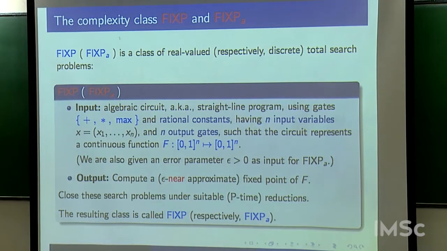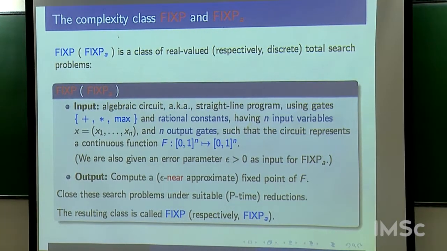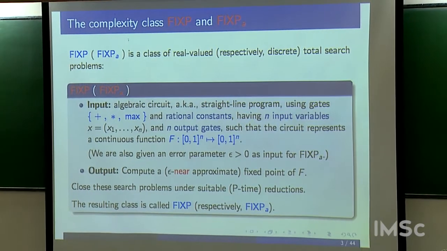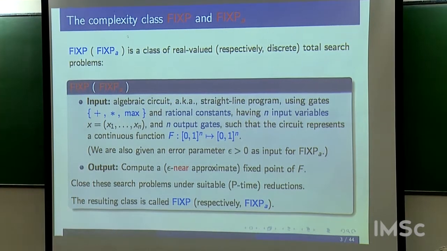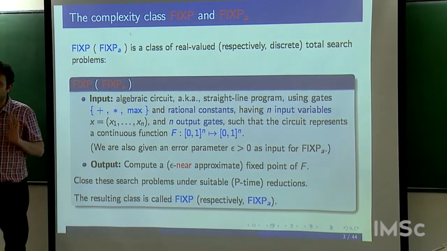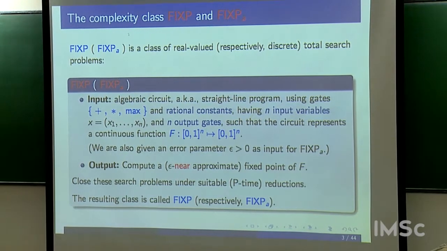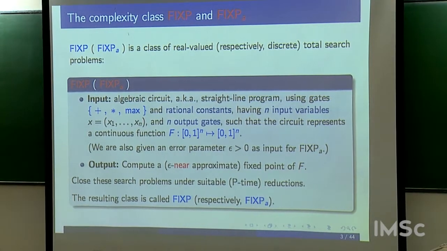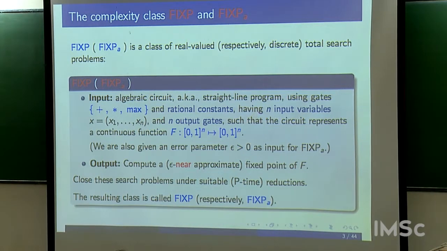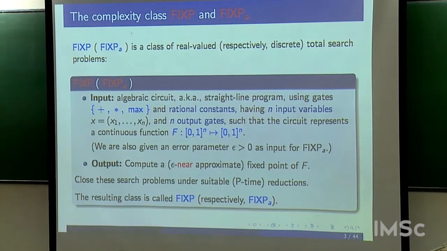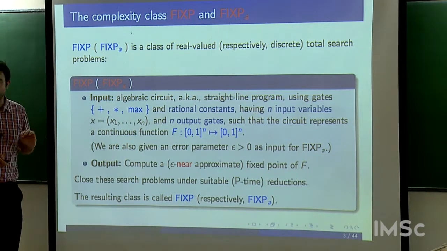You can even change the domain to arbitrary ellipsoids, suitably defined. It won't change it. What kinds of operators can you add? You can add division. You can add kth roots for fixed k. Doesn't change the class, okay?